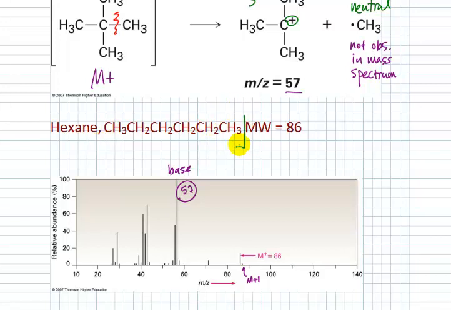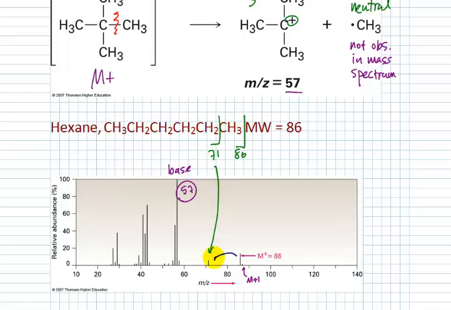Let me just show you a way to draw mass spec fragments. I drew sort of a bracket pointing inwards, showing that this whole thing is 86. If I were to break this carbon-carbon bond, what we would end up with is removing a CH3. So we remove 15 from 86, that's 71. That corresponds to that peak right there.